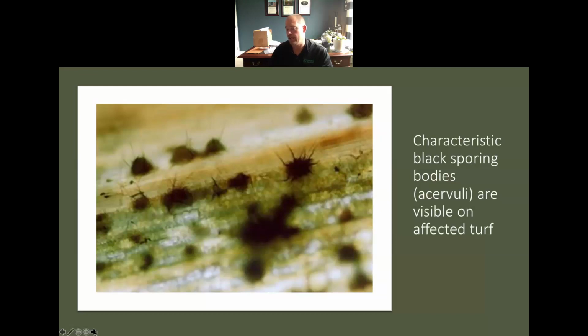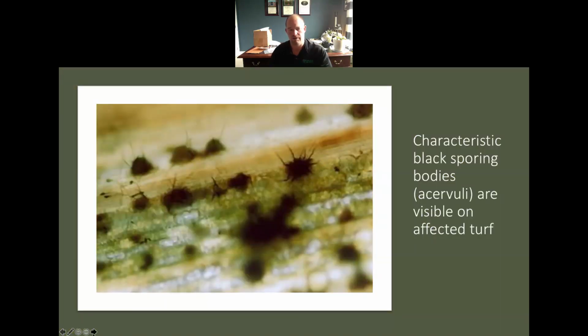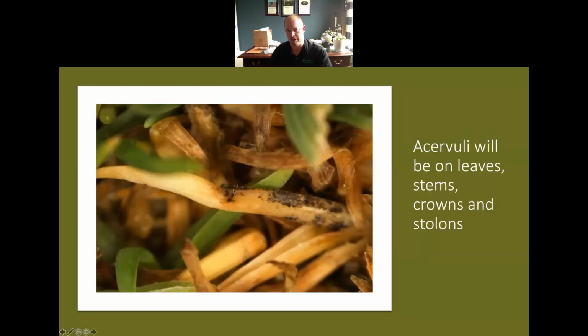You can almost see them with the naked eye, though it is a little more helpful to see them with a hand lens. This is obviously under a microscope, but these acervuli will be on the leaves, stems, crowns and stolons on bentgrass, or the leaves, stems, and crowns on Poa annua. And like I said, when you look at it under a hand lens, you're not necessarily going to see the individual little acervuli, but you will see this blackish.